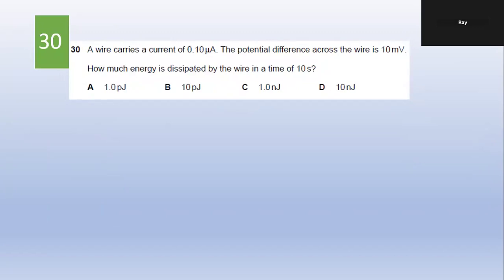Number 30, a wire carries a current of 0.1 microampere. Potential difference across the wire is 10 millivolt. How much energy is dissipated in the wire in a time of 10 seconds? Current is given, potential difference is given, time is given, so energy dissipated.